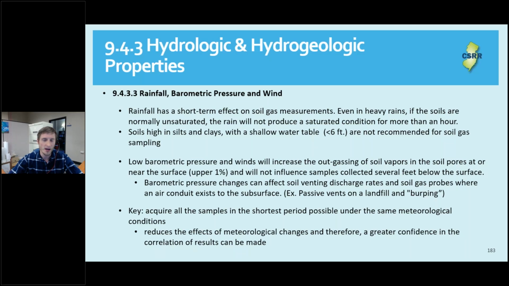When you have high barometric pressure, which is anything above 30.2 inches of mercury, the pressure differential forces the ambient atmospheric air into the landfill. So the idea is to collect all the samples in the shortest period of time under the same meteorological conditions. This reduces the effect of the changes, and therefore you can have a greater confidence in the correlation of results.